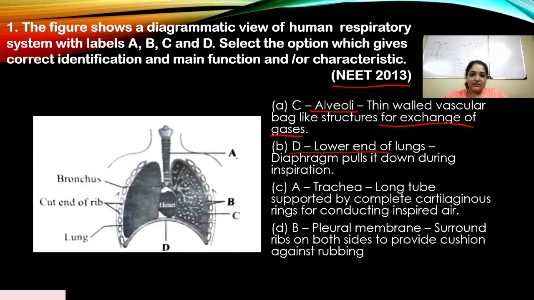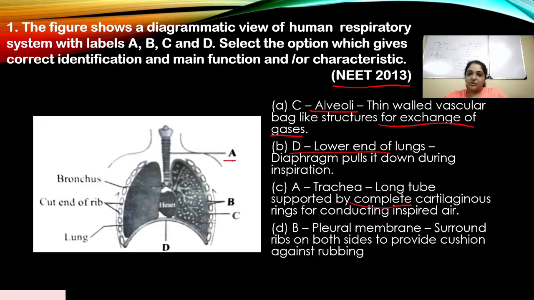We can see that the letter A points to trachea over here. But let's look at the characteristic: long tube supported by complete cartilaginous rings for conducting inspired air. But trachea has incomplete cartilaginous rings and not complete. So this is incorrect.